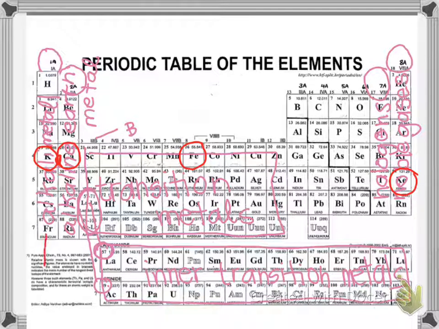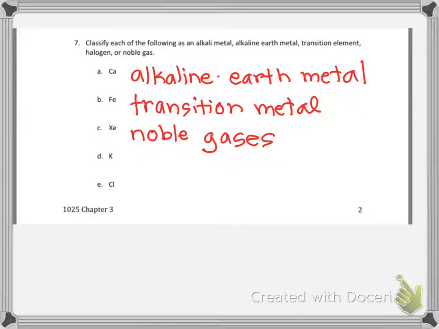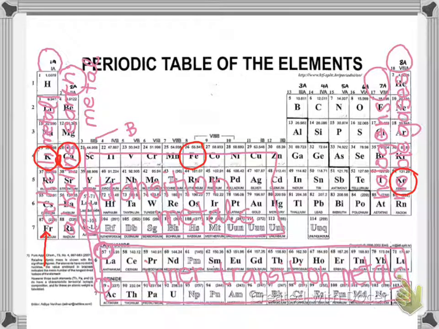It's in group 1A, which are the alkali metals. And chlorine, Cl. Chlorine is, I'll erase this right here, in group 7A, which is a part of the halogens.